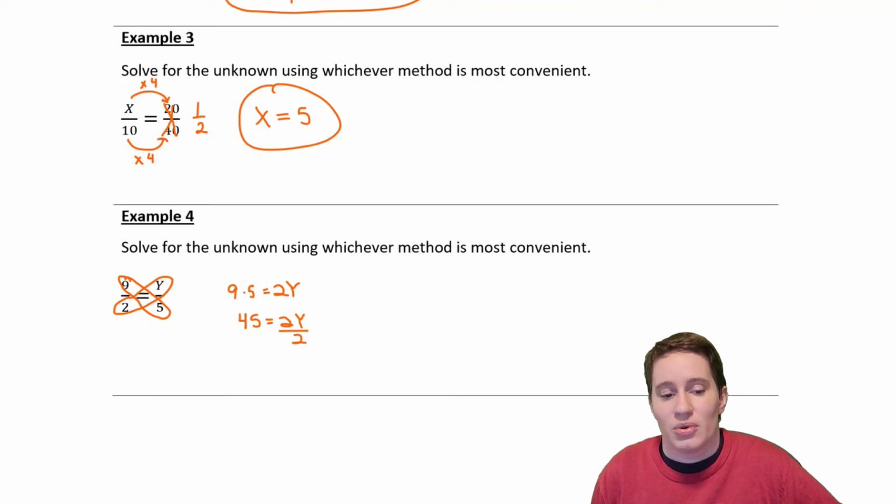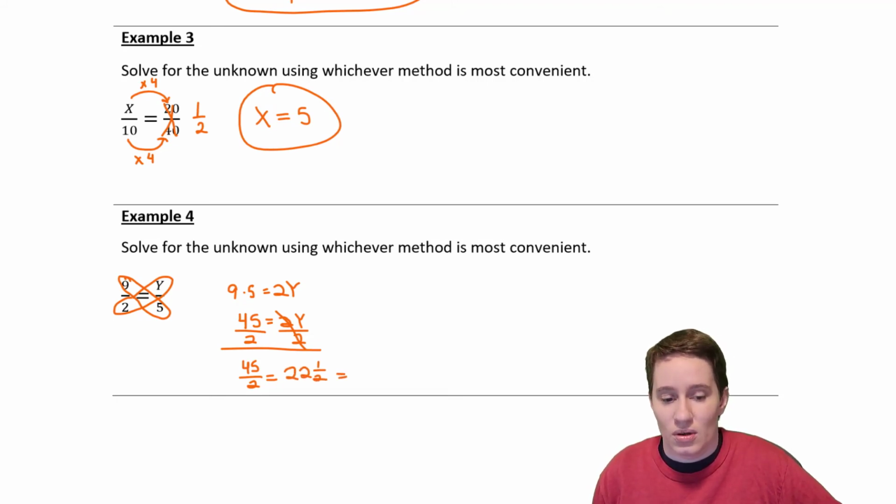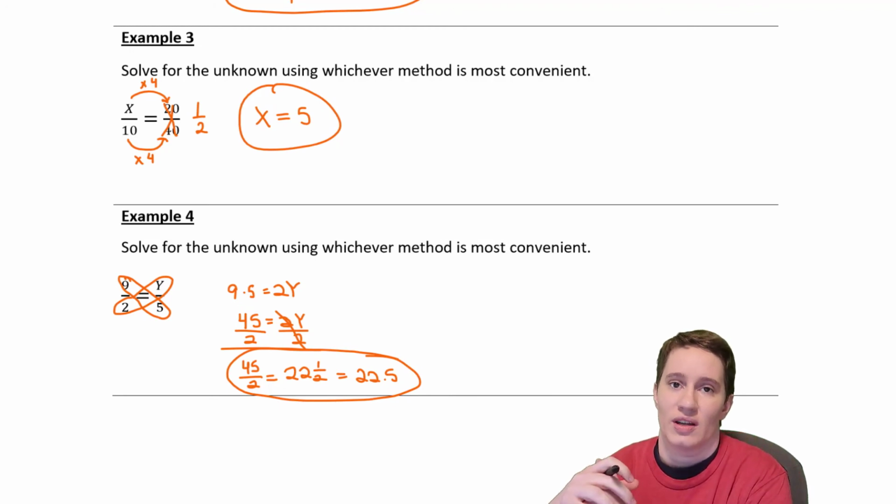And then we're going to divide both sides by 2. Now we could say this is 45 over 2, or we could change it to a mixed number. 2 goes into 45 22 times, because that's 44, so 22 and a half, or 22.5. So whichever one of those ways that you want to write it.